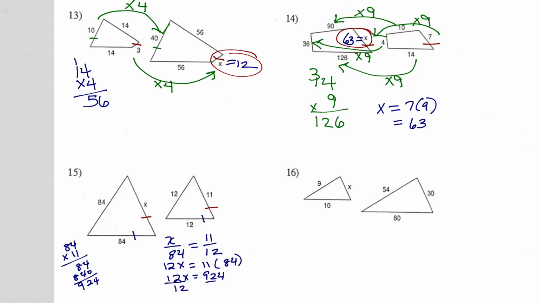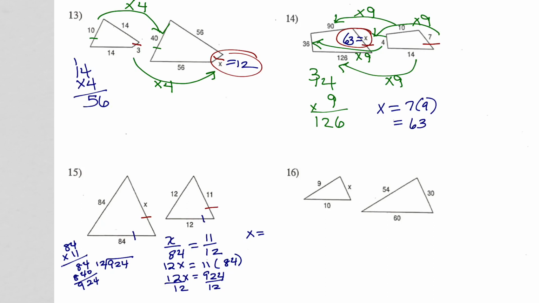Divide both sides by 12. So x must equal what? So let's see, 924 divided by 12. 12 goes into 92. 7 times 12, I think, is 84.